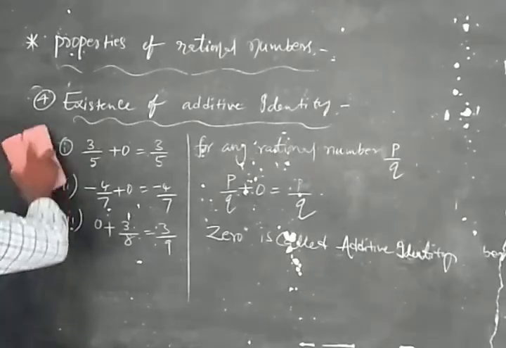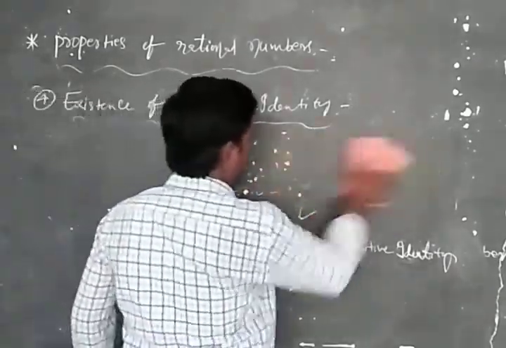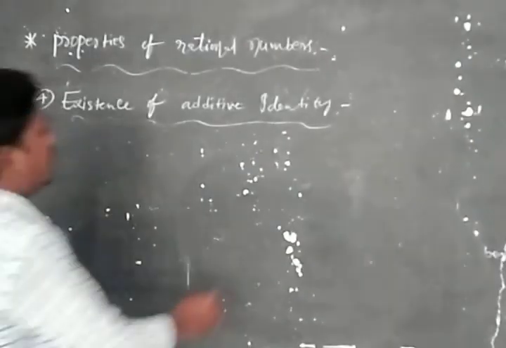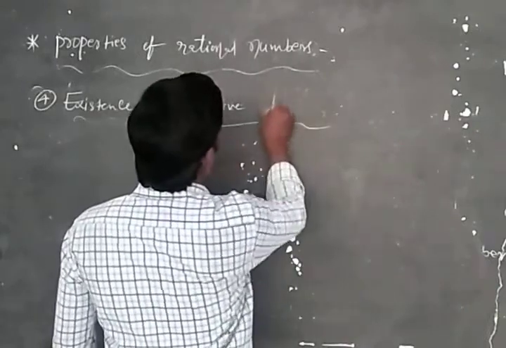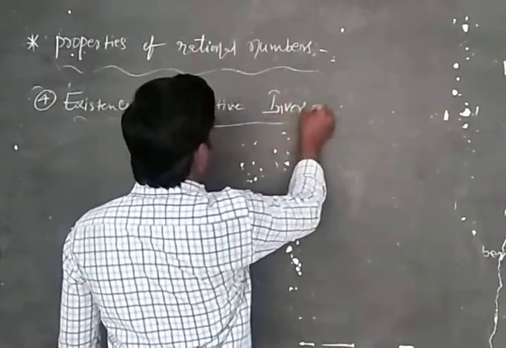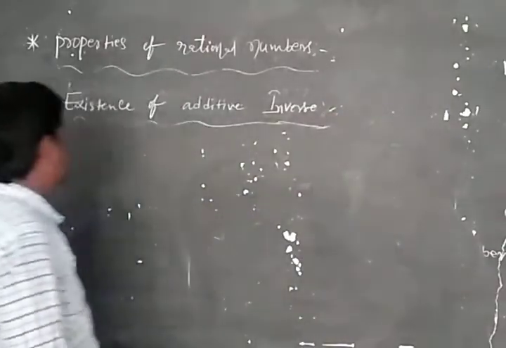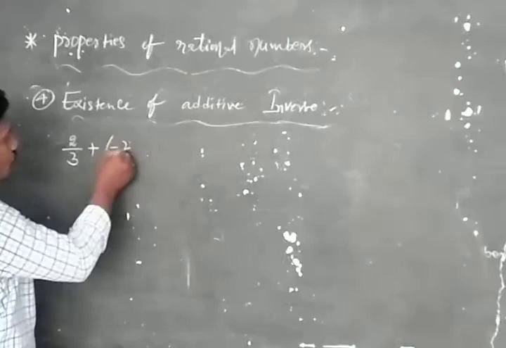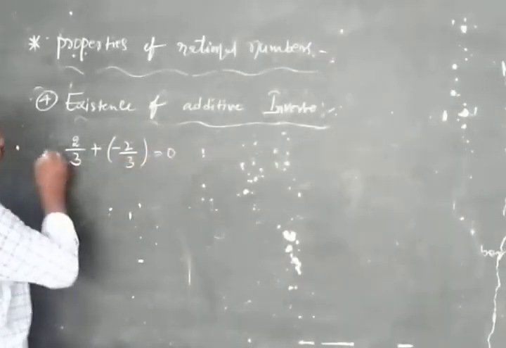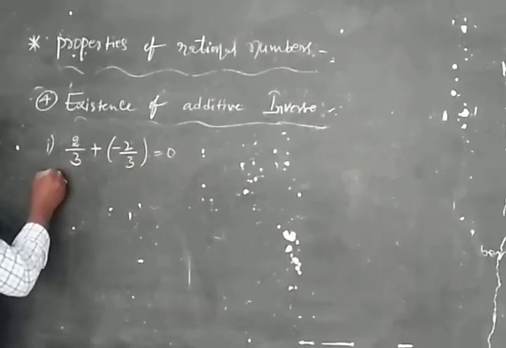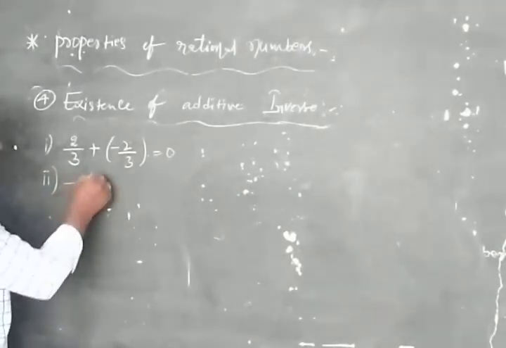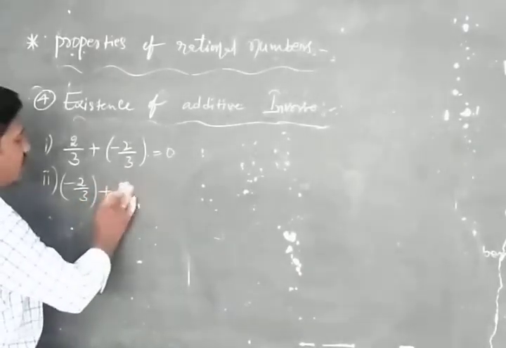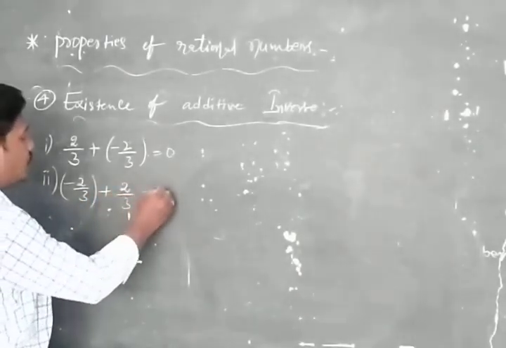Next, existence of additive inverse. 2 by 3 plus minus 2 by 3 equals 0, and minus 2 by 3 plus 2 by 3 equals 0.